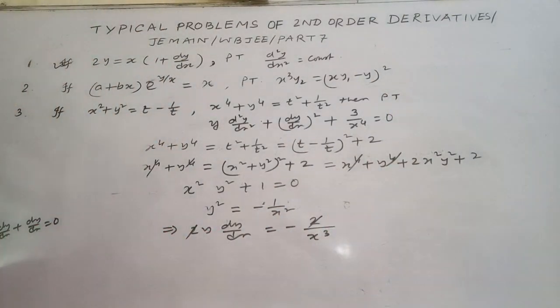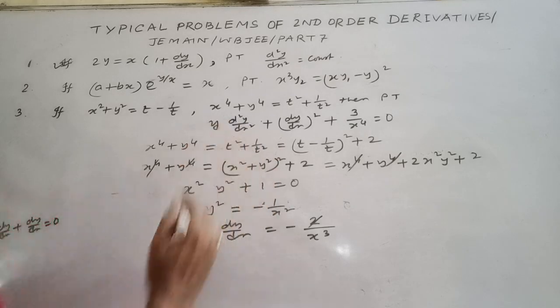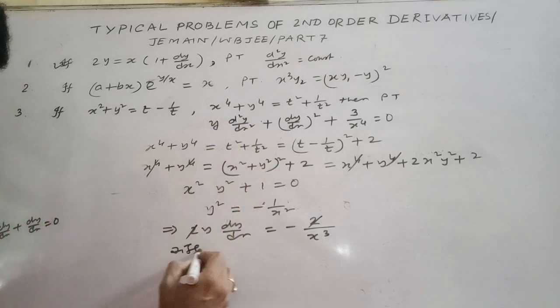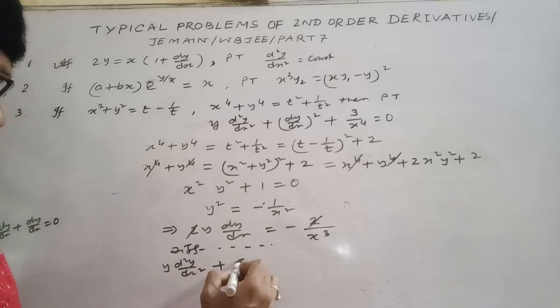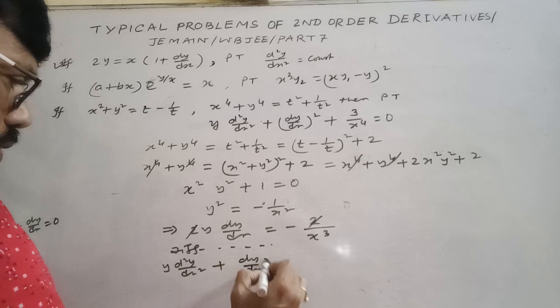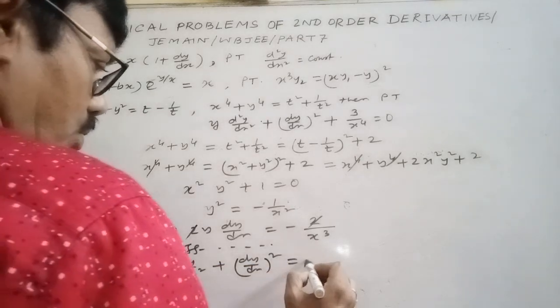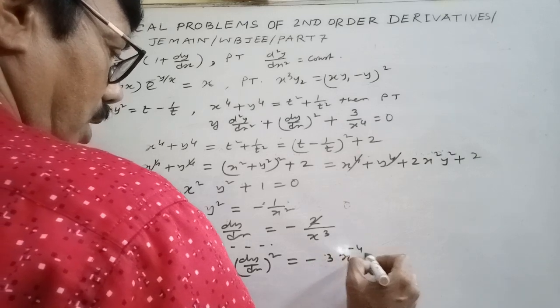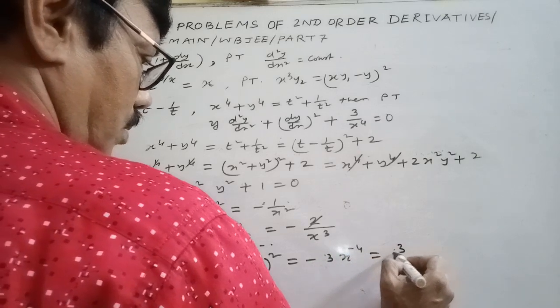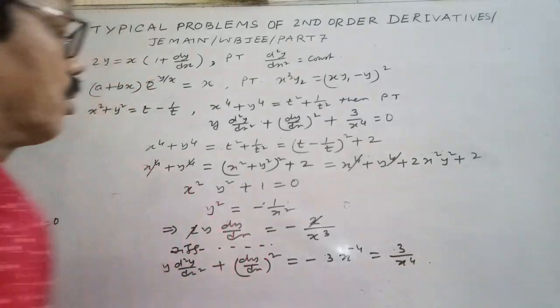Now look at the final result. Differentiating again with respect to x, y into d²y/dx² plus (dy/dx) whole square equals minus 3 into x to the power minus 4. So 3y by x⁴.